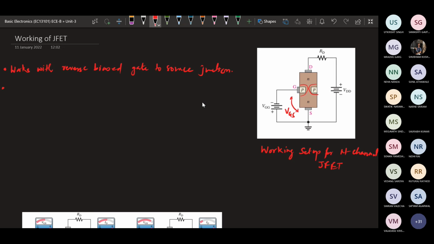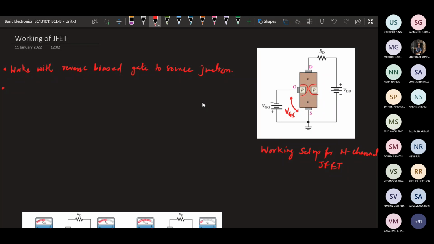And we will be varying the drain to source voltage. As we increase the drain to source voltage, at a constant gate to source voltage, there will be an increase in current. So the current increases with the increase in drain to source voltage.